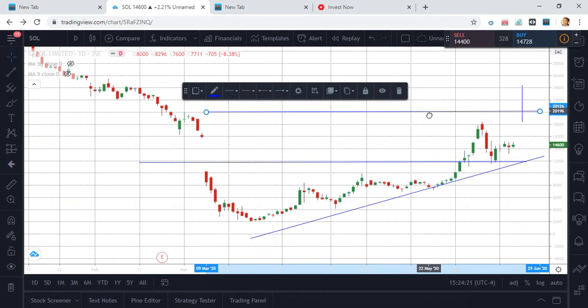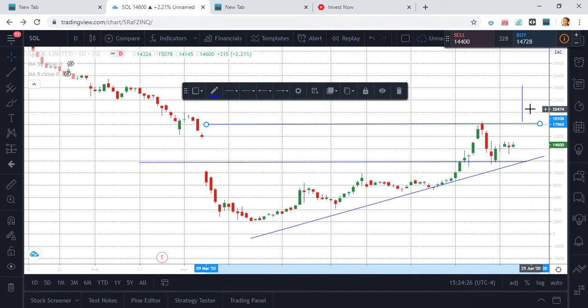But keep in mind that at this moment we won't know precisely where the market is going. So you need to be observing your lines, your support and resistance.